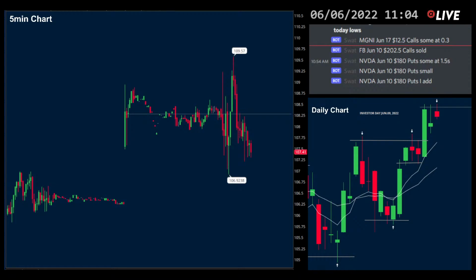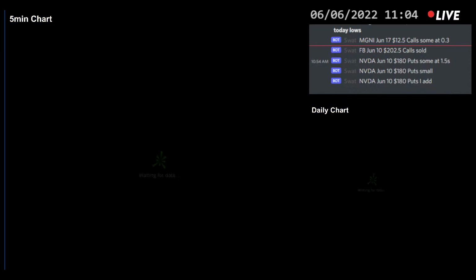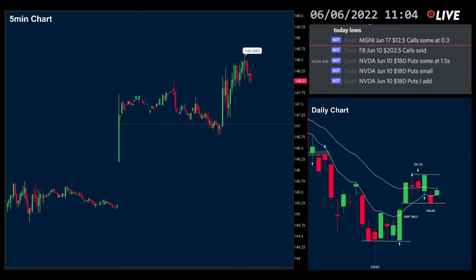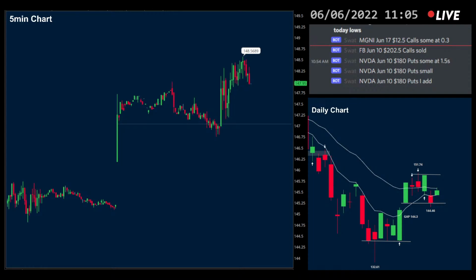AMD keeps trying to fade. Apple again having a hard time breaking the 21-day moving average. So Apple again rejected at 148. But who knows?